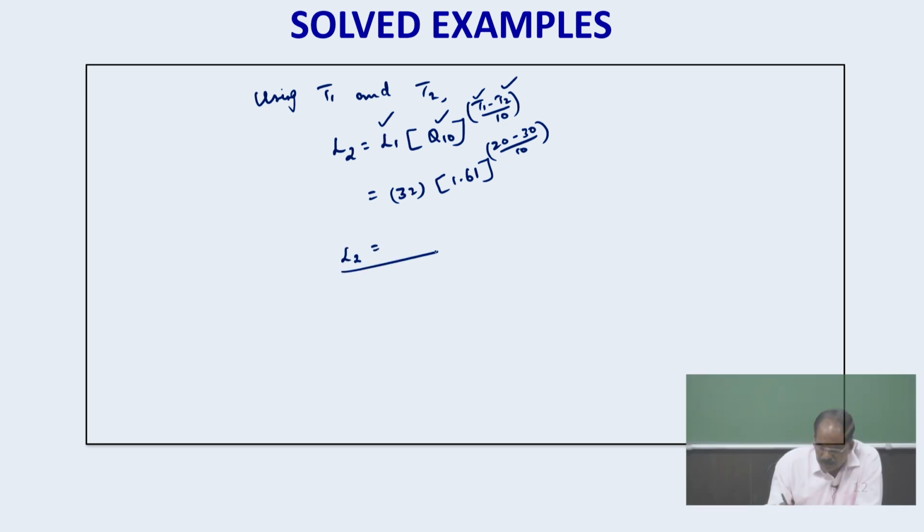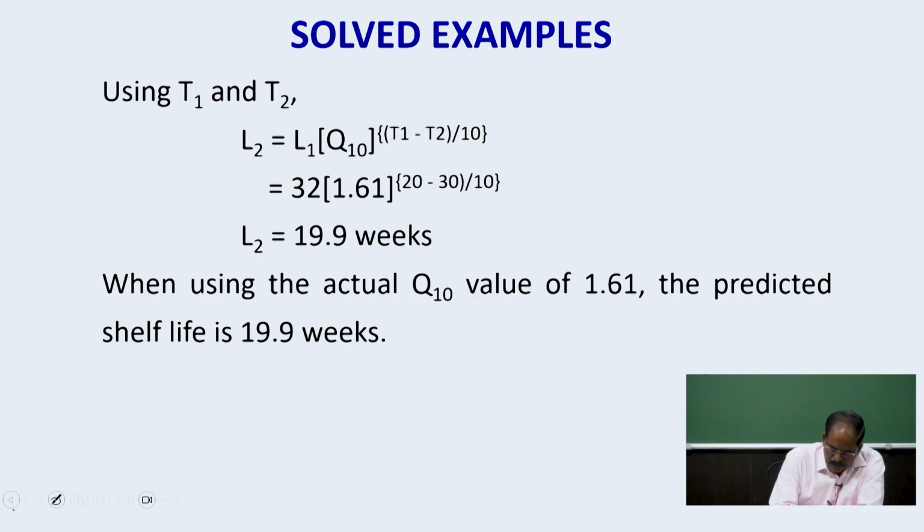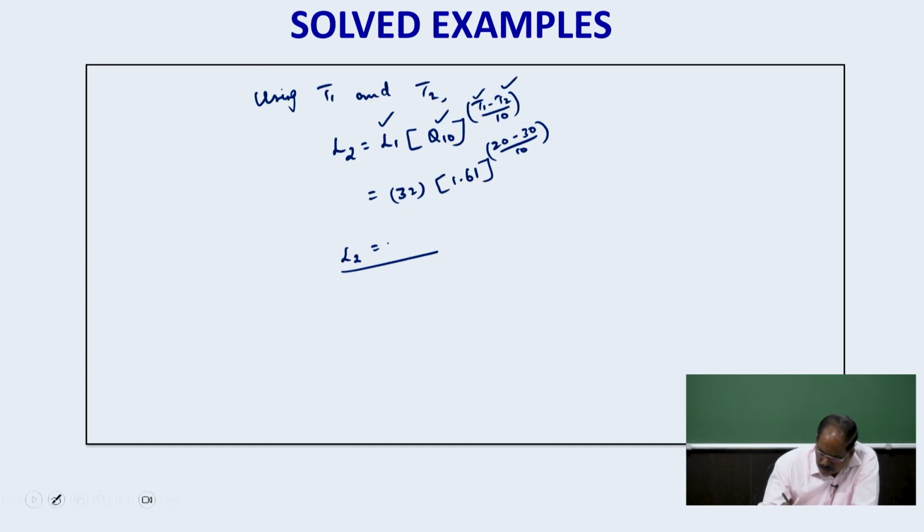So solving this, we will get L2 as 19.9 weeks. That is close to 20 weeks, which is about 5 months.